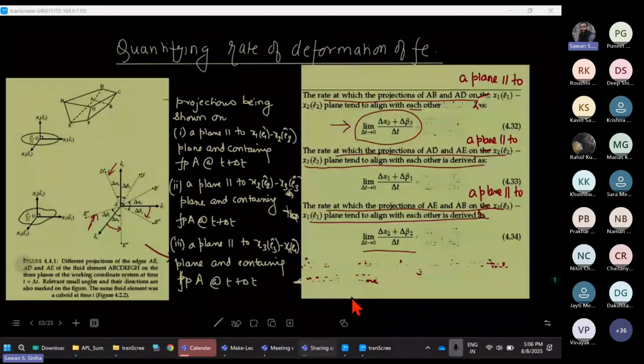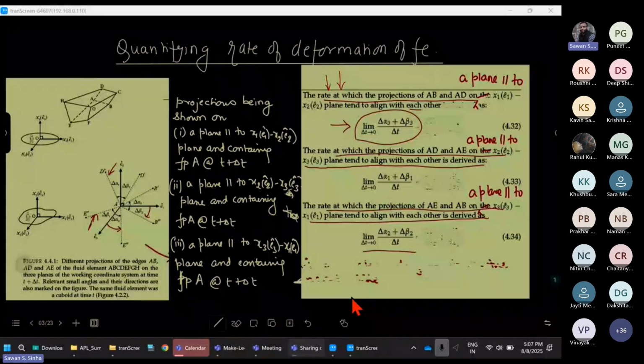I want to measure at what rate they depart from that 90 degrees angle. So these angles will help me measure that. Okay, so these are the quantities we want to measure, to measure those rates of change in various angles.